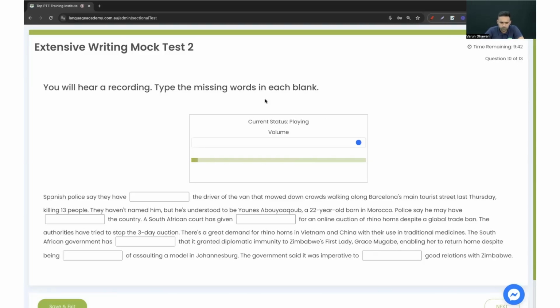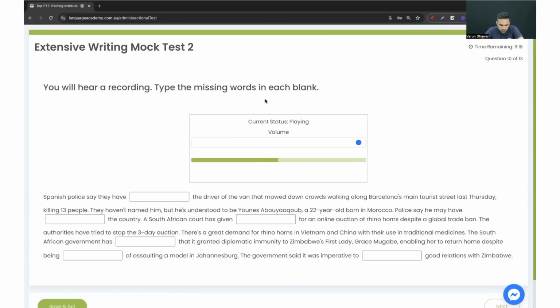Spanish police say they've identified the driver of the van that mowed down crowds walking along Barcelona's main tourist street last Thursday, killing 13 people. They haven't named him, but he's understood to be a 22-year-old born in Morocco. Police say he may have fled the country. A South African court has given permission for an online auction of rhino horns, despite a global trade ban.